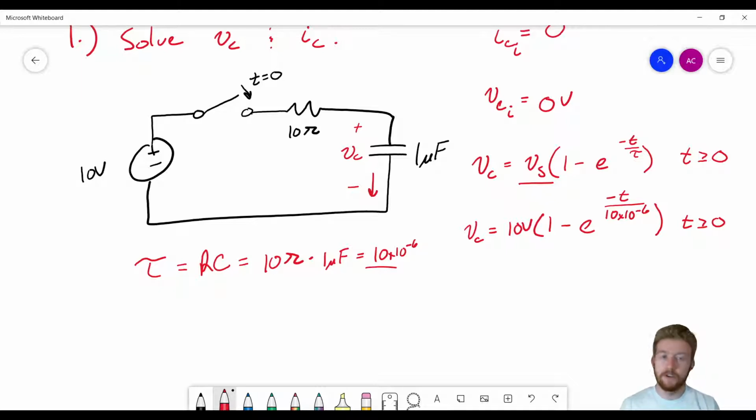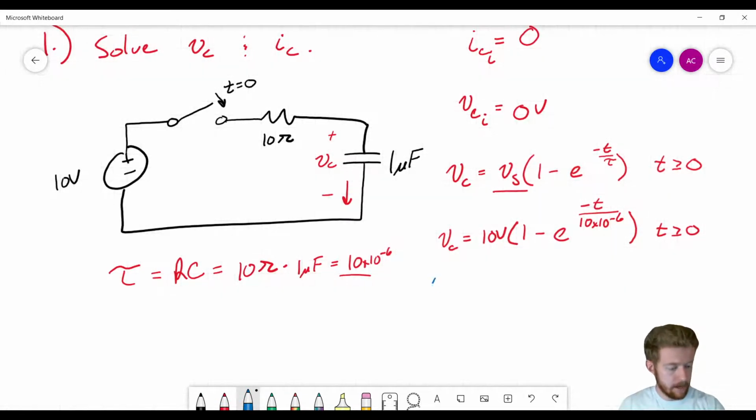All right, so let's try and figure out the current now. Once again, we have a formula that we've derived in the previous lectures, so I'm just going to use that. The current through that capacitor, IC, is going to be equal to Vs divided by R, times e to the negative t over tau.